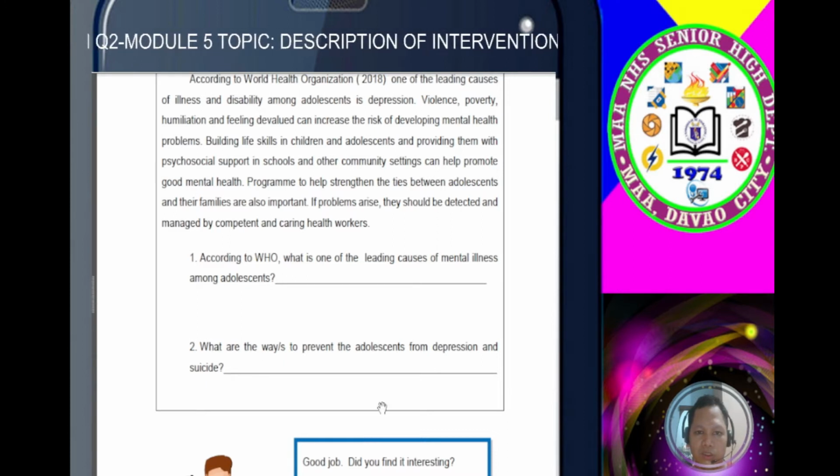The answers are building life skills, providing psychosocial support, and strengthening family ties. These are the ways to prevent the said depression. It's a form of intervention. I hope it's clear to you now what an intervention means. It is one way of solving your problem, or the solution.